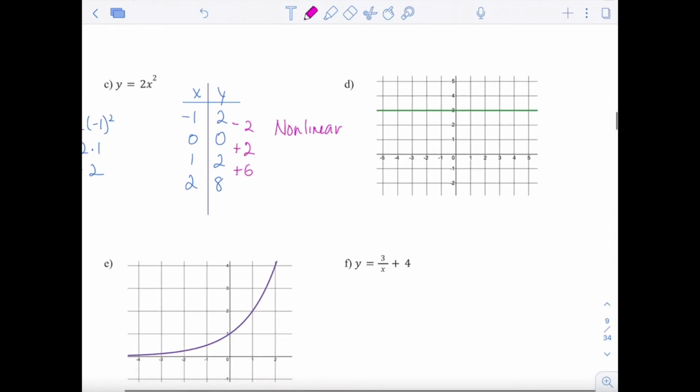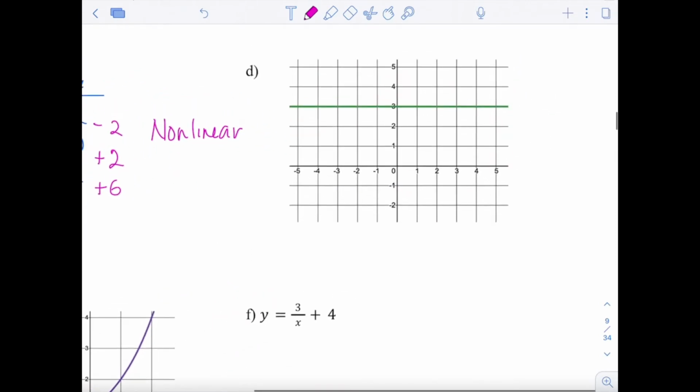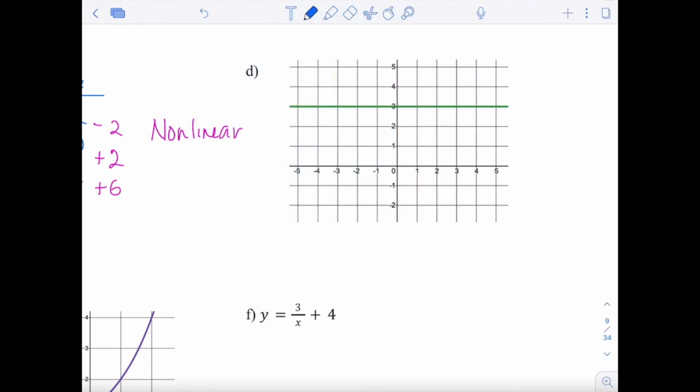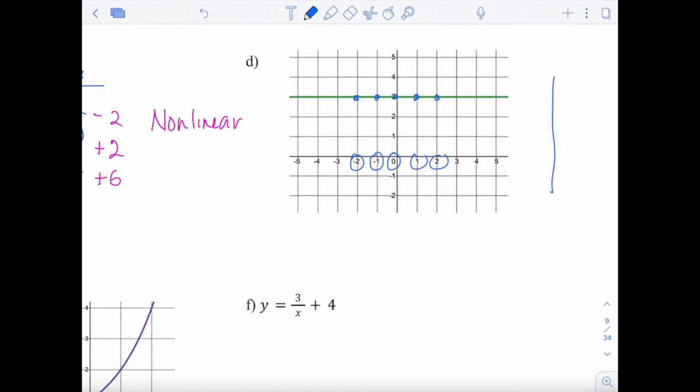What about this guy? So what I can do is continue what I've been doing, which is take a pattern in X values, and I can look at a table. I get -2, -1, 0, 1, and 2.